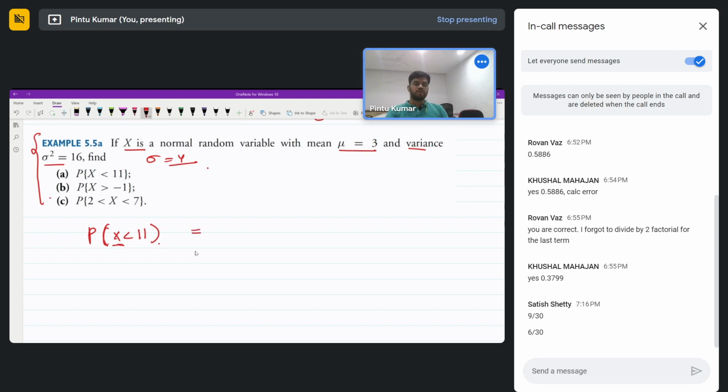That means you subtract the mean, that is x minus mu, where the mean is 3, divided by sigma 4, is less than or equal to, you do it on both sides. Now this has become a standard normal distribution, so this is z less than or equal to 2. You can easily find this value from the standard normal table and replace it over here.